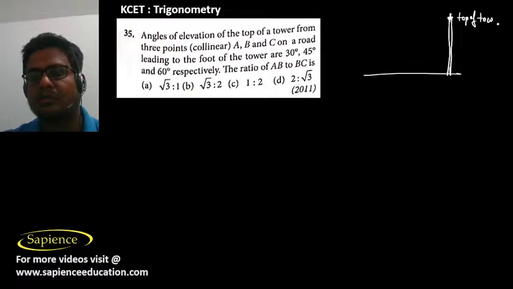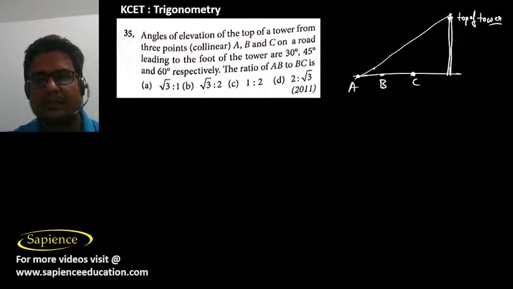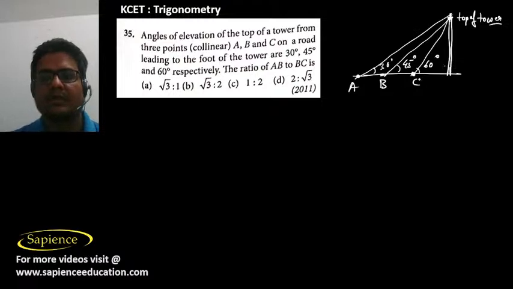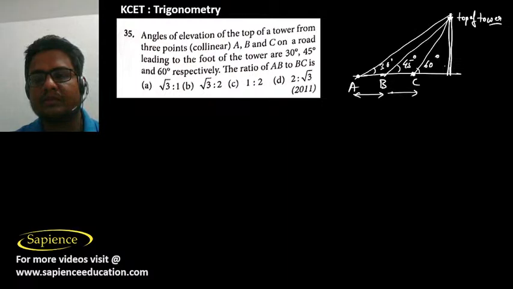From the top of the tower, angles of elevation of the top of the tower from 3 points A, B and C on the road are 30 degree from point A, 45 degree from point B, and 60 degree from point C respectively. The ratio of AB to BC, so we have to find AB is to BC.